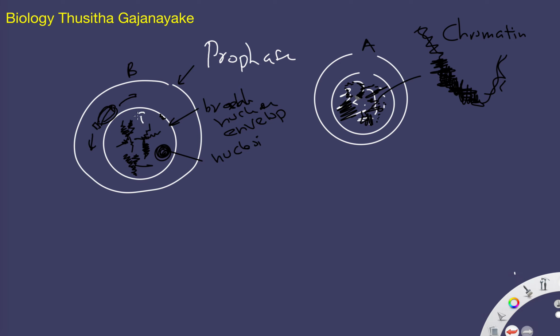Number one is condensation and visibility of the chromosomes. Then disappearance of the nuclear envelope, disappearance of the nucleoli, and centriole spindle formation and migration to the poles. These 4 characteristics are visible to identify that the cell is in prophase.